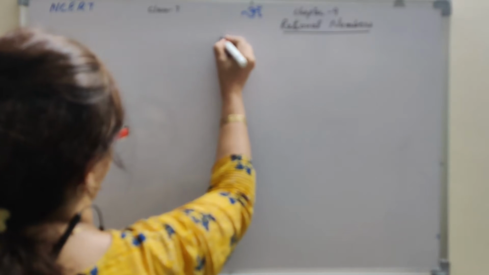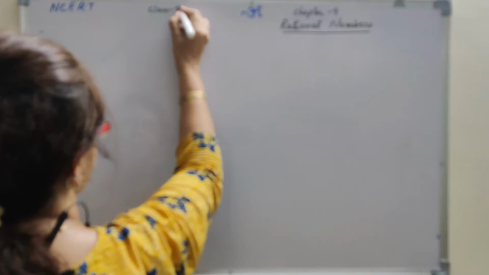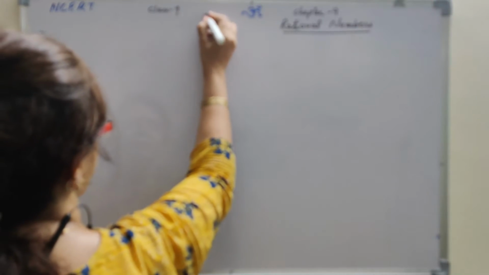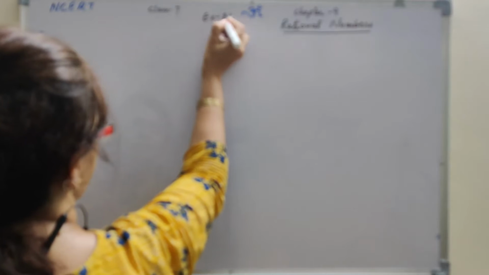After this, I am taking few questions from exercise 9.1, class 7, chapter 9, and I am taking question number 1, which is list 5 rational numbers.